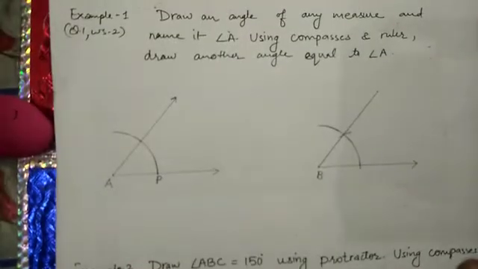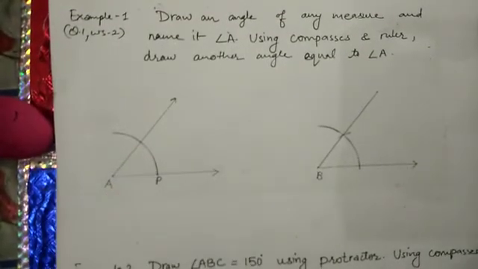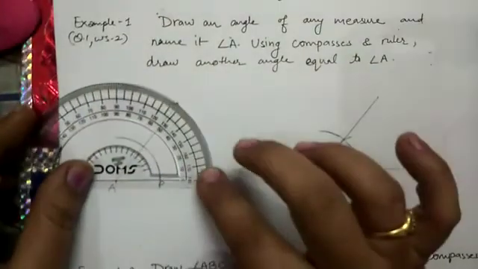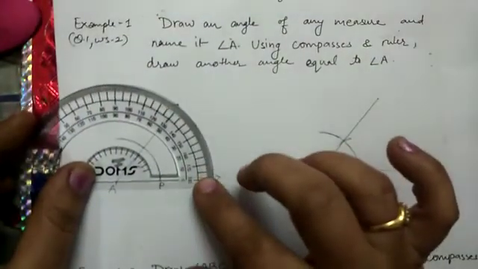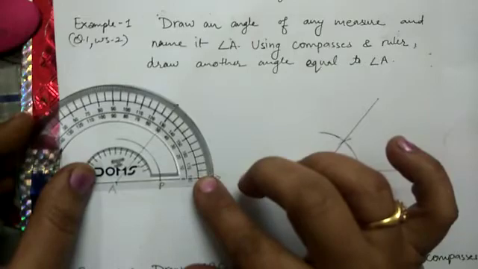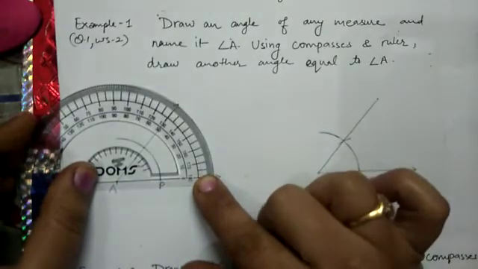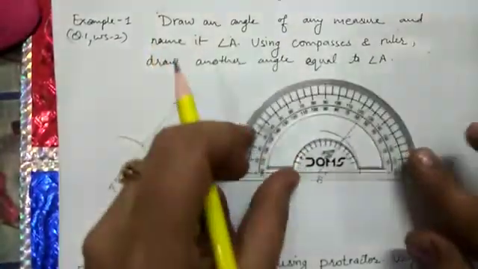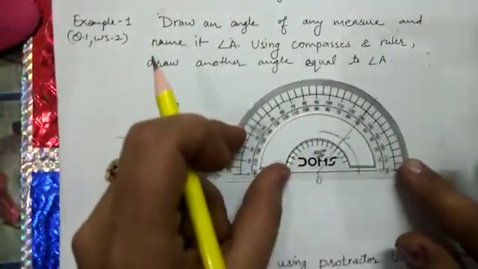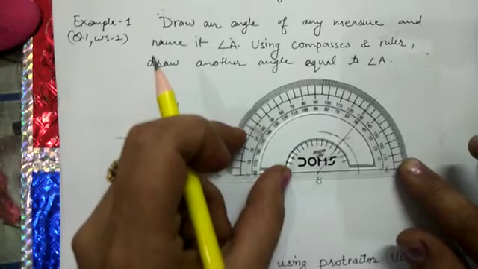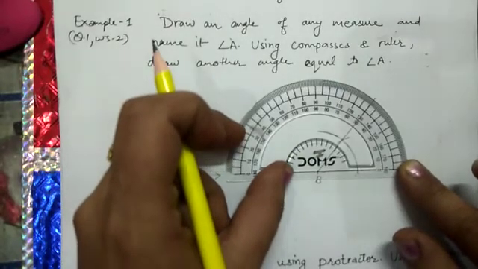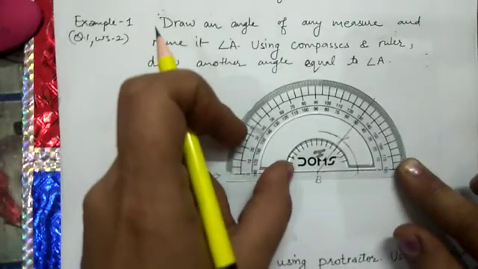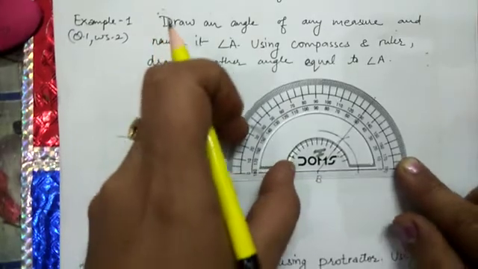Now if we measure angle A, let us see, we are getting the measure of this angle equal to 50 degrees, and if we check this angle, see, we have got again the measure equal to 50 degrees.